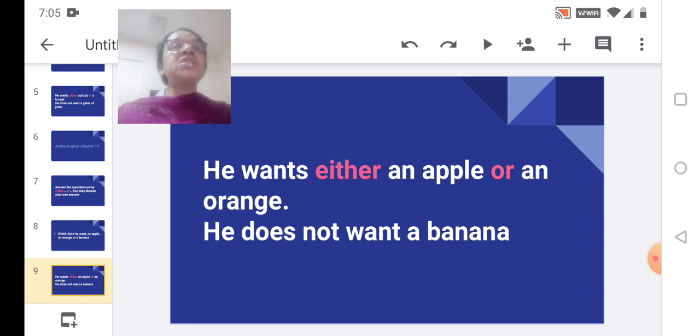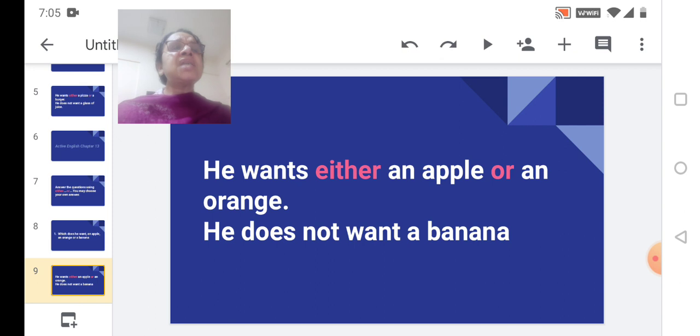This is one sentence. He wants either an apple or an orange. And the next sentence is whichever you have not chosen. He does not want a banana. So you have made use of all the three fruits. First sentence you wrote, he wants either an apple or an orange.